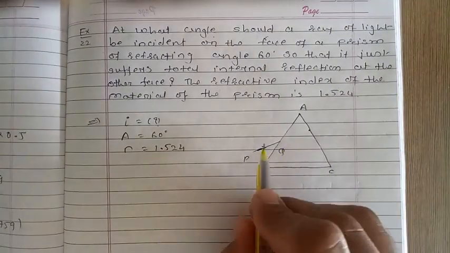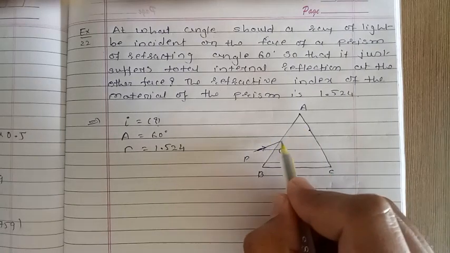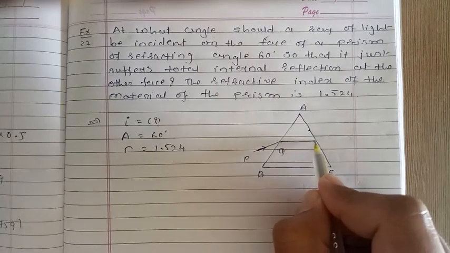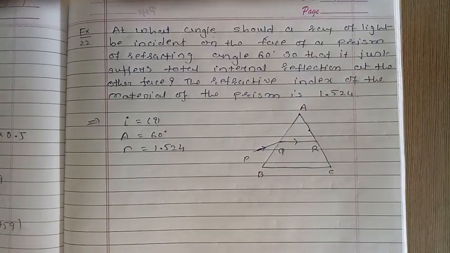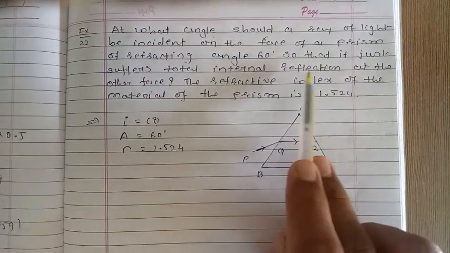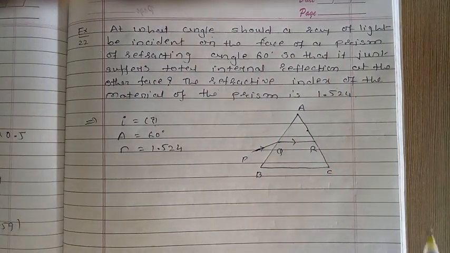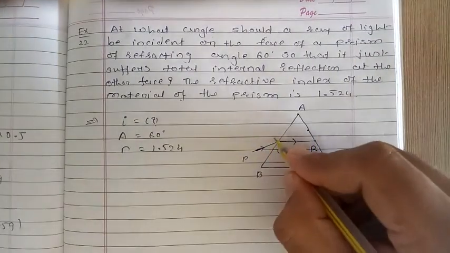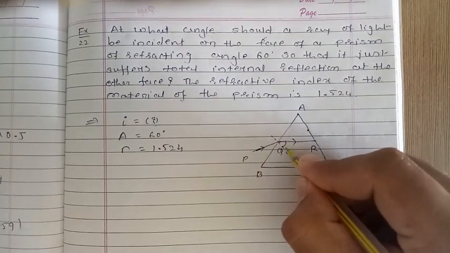Now here a ray of light goes from air to the prism, so here refraction takes place and the ray passes like this, QR, right? Okay, now here total internal reflection occurs. So here the ray is reflected in the same medium.